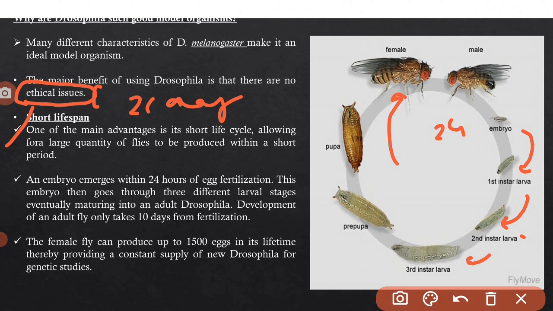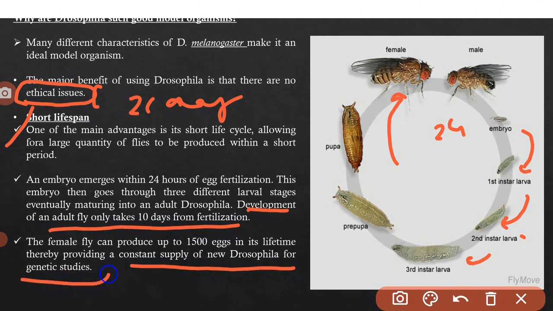The development of an adult fly only takes 10 days from fertilization. This is a very important point in the case of Drosophila. And a female fly can produce up to 1500 eggs in its lifetime, providing a constant supply of new Drosophila for genetic study. That means there is no lack of the model organism.